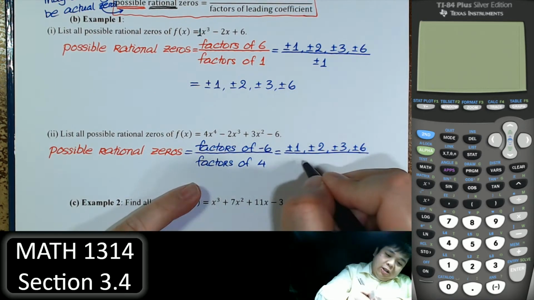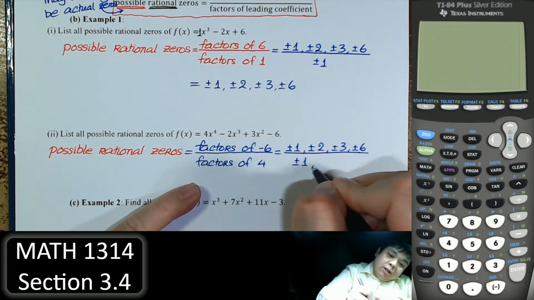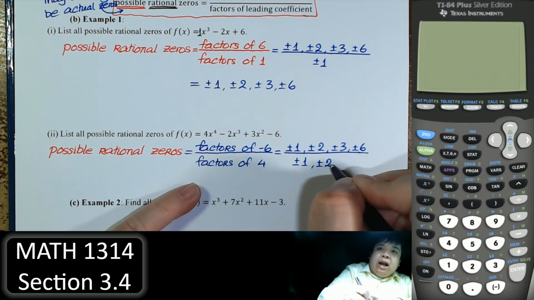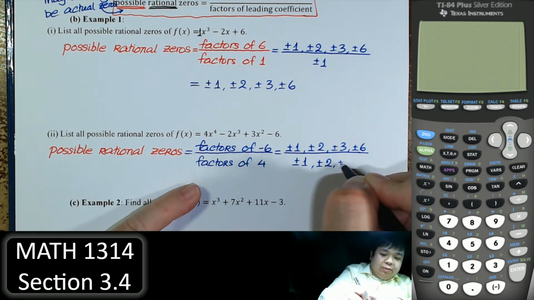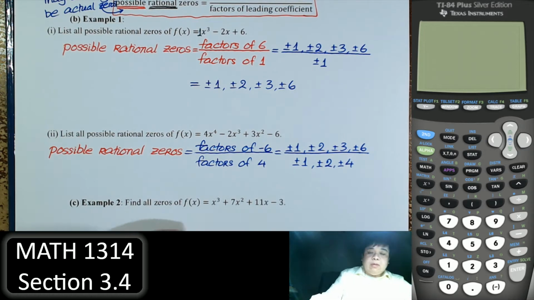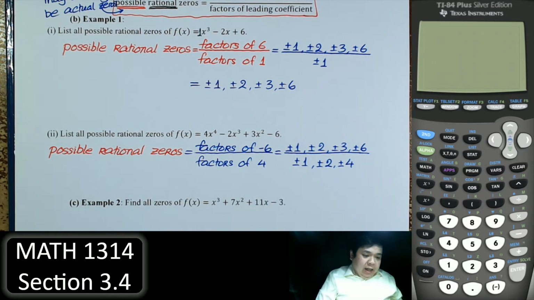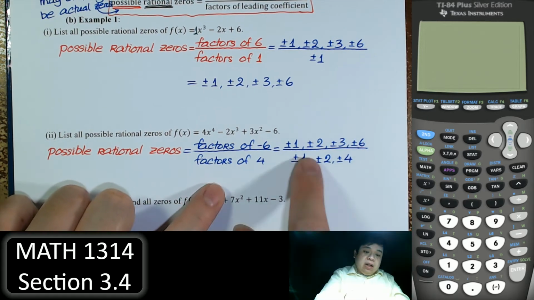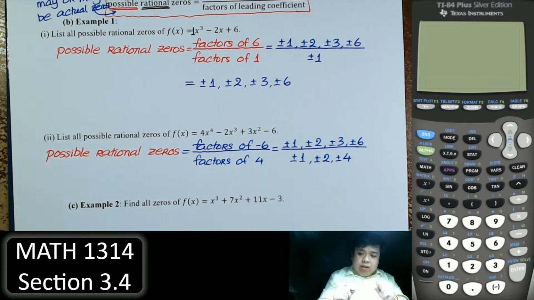The factors of 4 are 1, 2, and 4. Once again, if the zeros are rational numbers, they must be in this form. So what do we have?